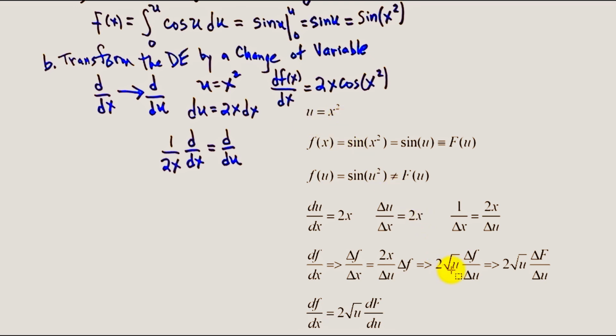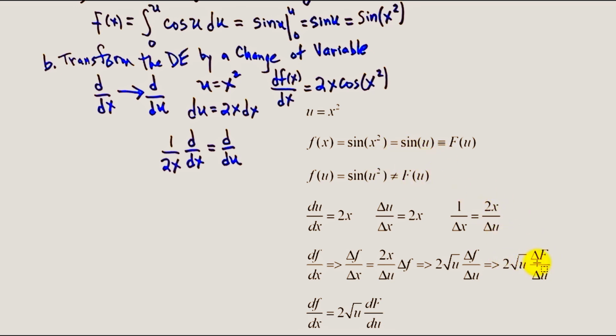So I have the square root of u, and remember we're looking at x. So then here, with this equation, I'm very careful to change the little f to uppercase F when I want to talk about a function of u, for the reason I explained up here.